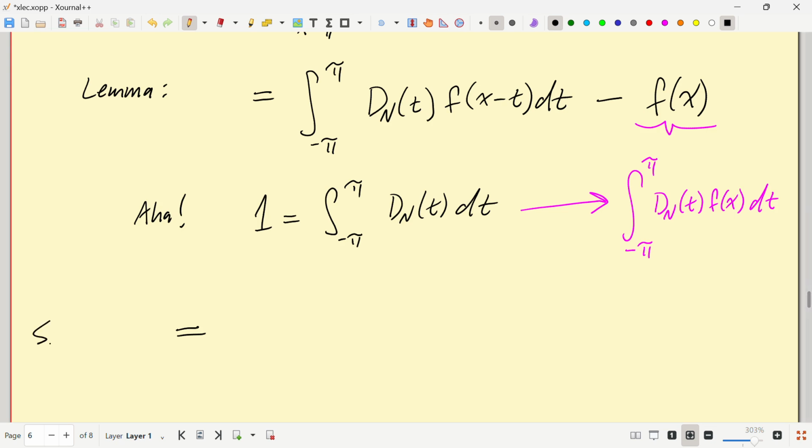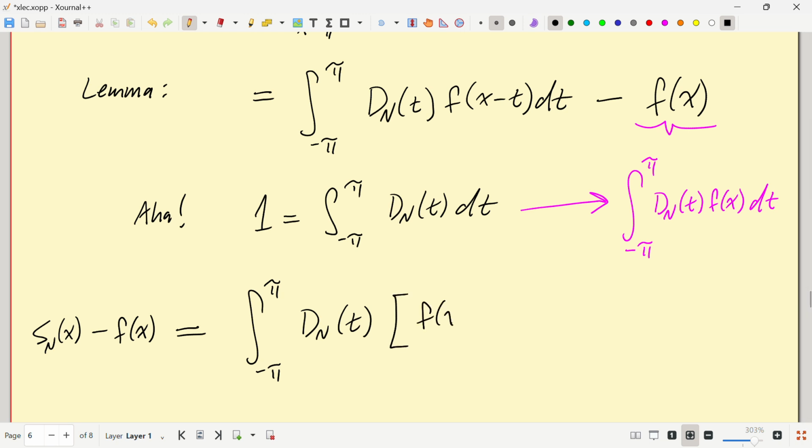My Fourier series minus my function is equal to the integral from minus pi to pi of the Dirichlet kernel of t times f of x minus t minus f of x.